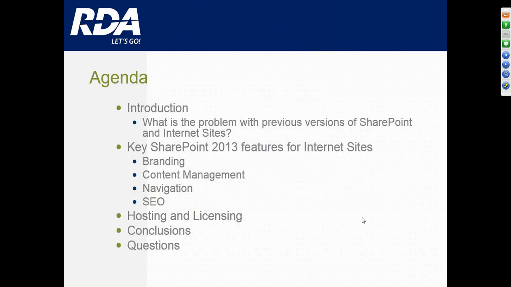Okay, so the agenda for today: we're going to start talking about what problems previous versions of SharePoint had when we were trying to deploy public-facing internet sites. We'll talk about those issues and how they affected the development cycle.